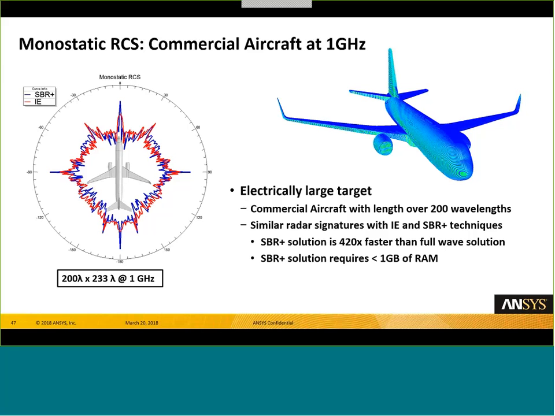So this comparison shows really, really good agreement, as most of those features are electrically large, and you're kind of getting out of the issue of the mixed electrical size. And again, you compare the SBR plus solution, that's 400 times or more faster than the full wave solution, and it's only taking about 1 gigabyte of RAM.